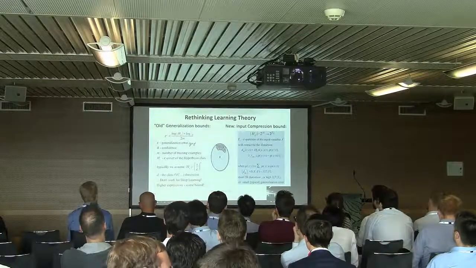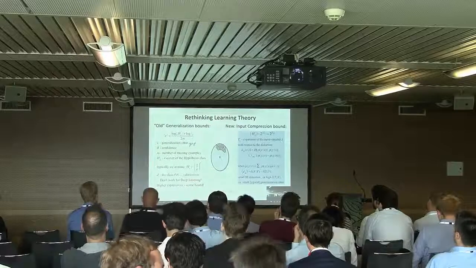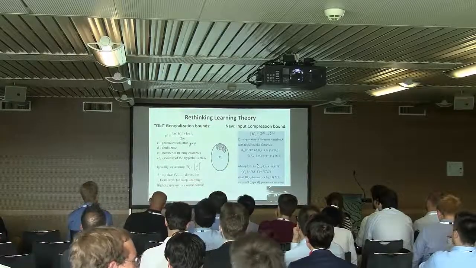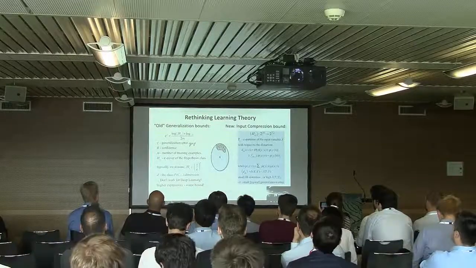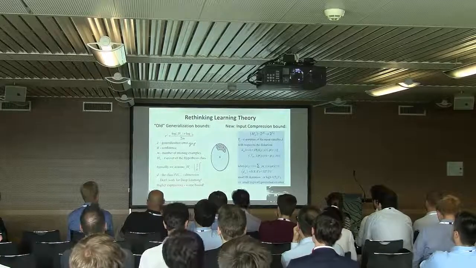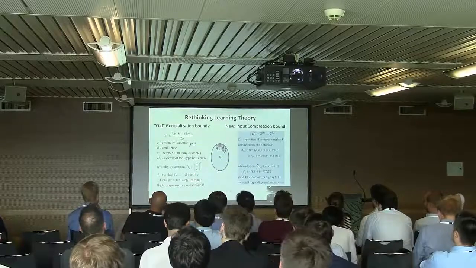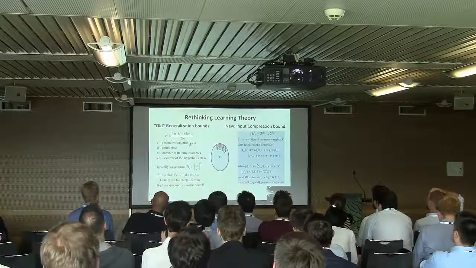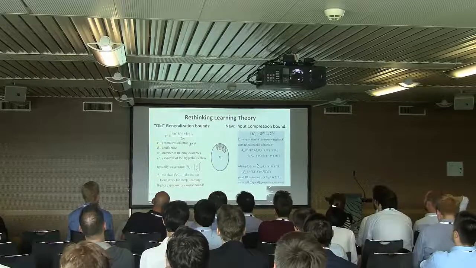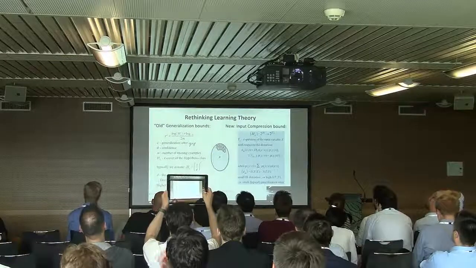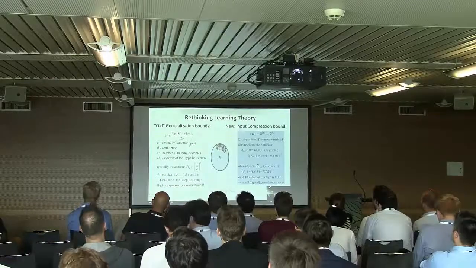So on the left here, you see the structure of the classical generalization bounds in learning theory. And they usually always have this type of form, even if the details are slightly different, which is the generalization error, which I call here epsilon, is bounded by the log of an epsilon cover of the hypothesis class of my functions.